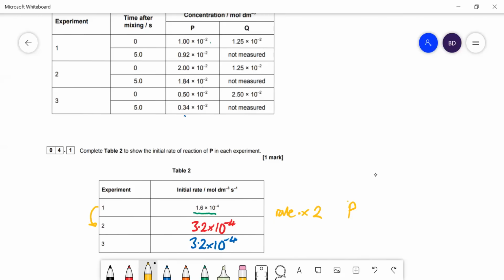The concentration of P has gone up by a factor of 2, hasn't it? And what's happened to the concentration of Q? No change. So therefore, simply doubling P doubles the rate. So it must be first order with respect to P.